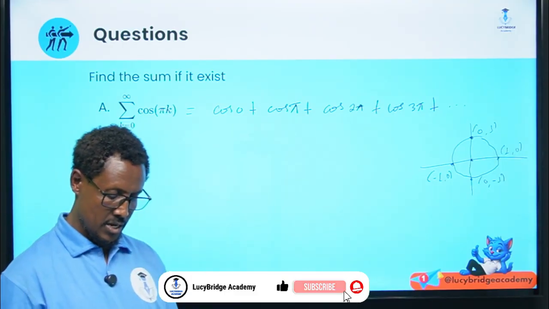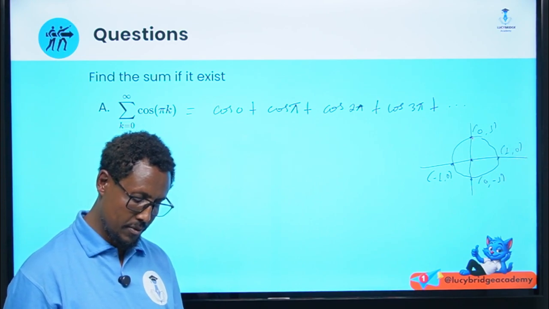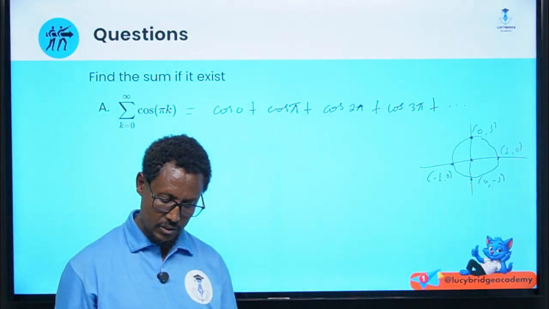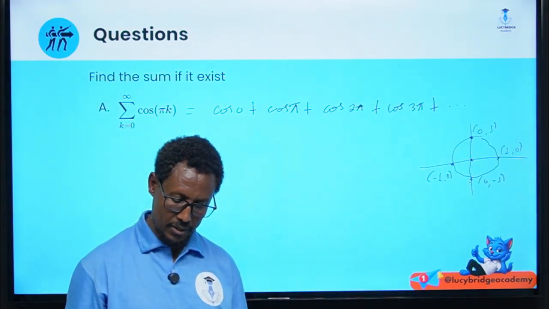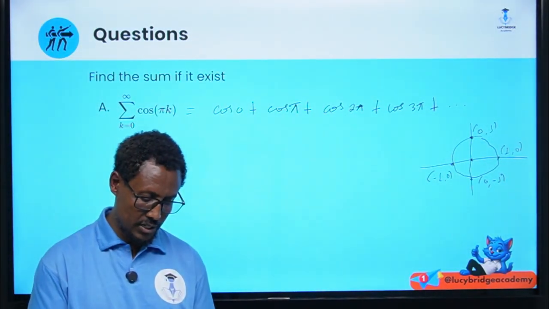Okay, so this one is 0 degrees. Here is pi over 2. Here is pi. Here is 3 over 2 pi, and here is 2 pi. It continues like this.